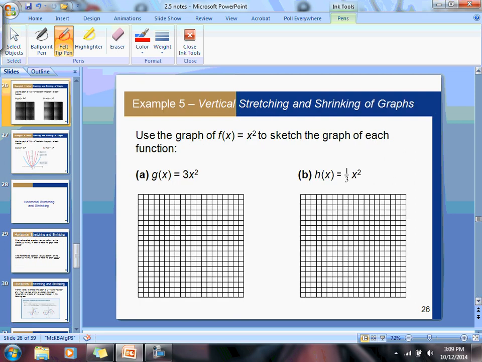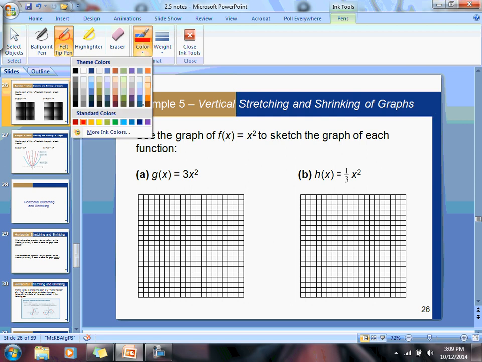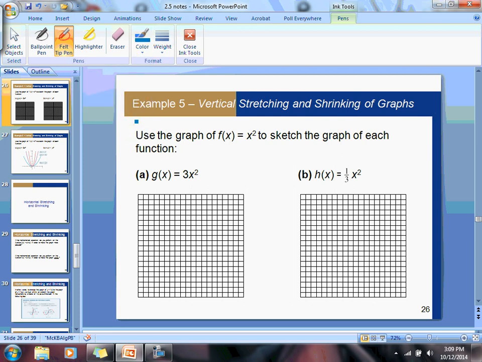So let's take a look at these two functions, part A and part B here. And we're still going to use that x squared function like we did in the previous day's notes. So we have f of x equals x squared, and we want to use that function to graph these other functions.